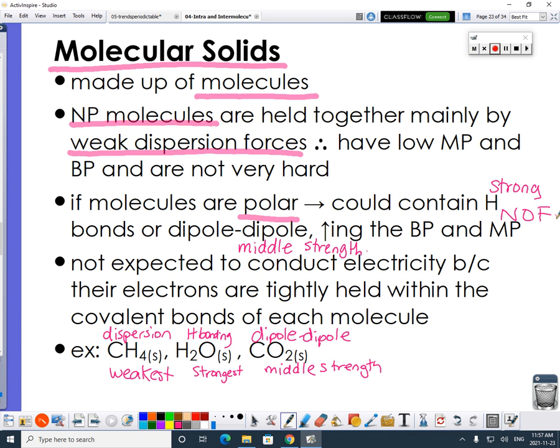It's not an important property. But this is a difference between these solids and ionic and metallic, okay? So that's why this is in here, to say it's not expected to conduct electricity. Actually, we did a lab last year where you tested the properties, and the covalent molecules did not conduct electricity.